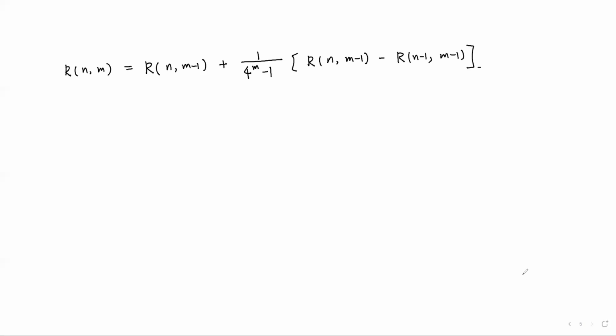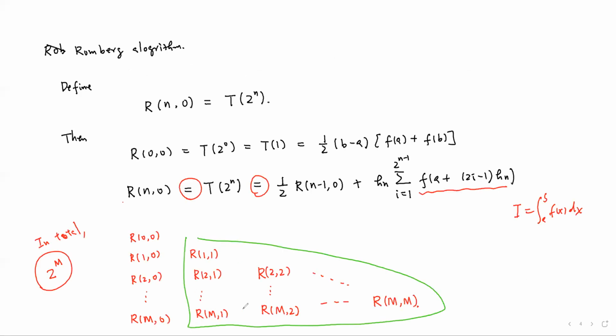Then in this triangular array, each entry is an approximation to this integral. How good is the approximation?